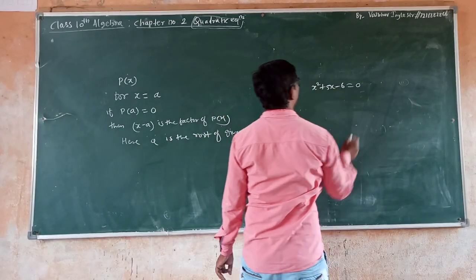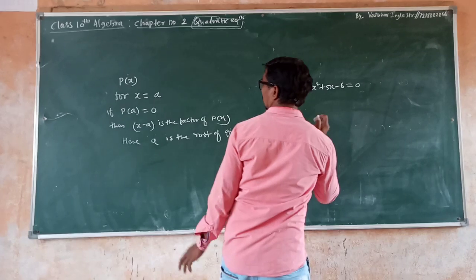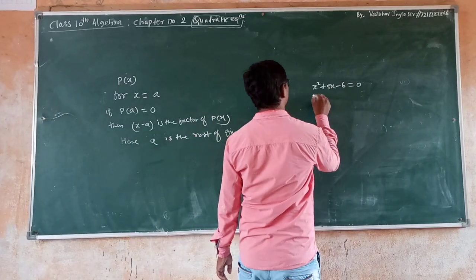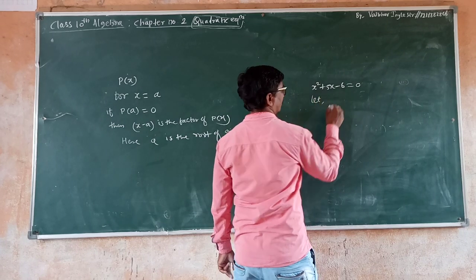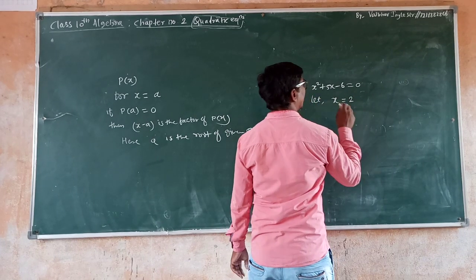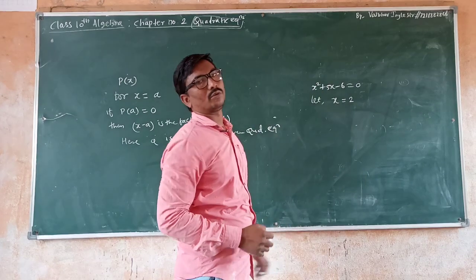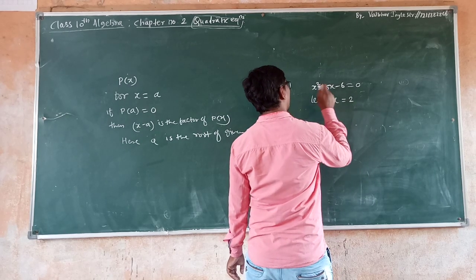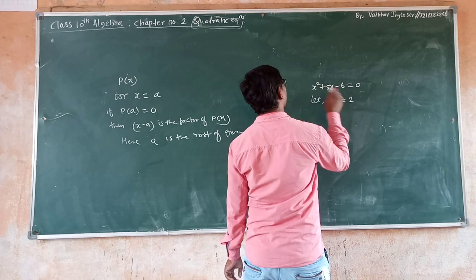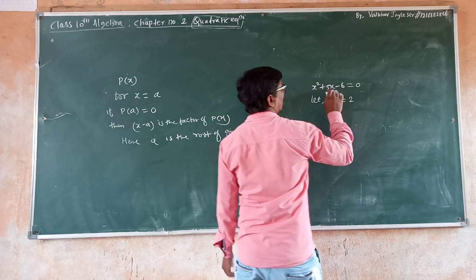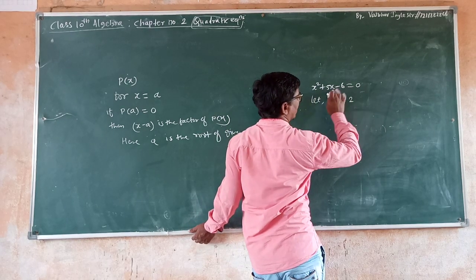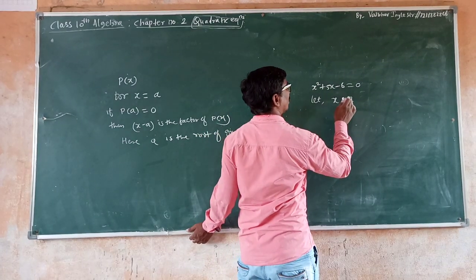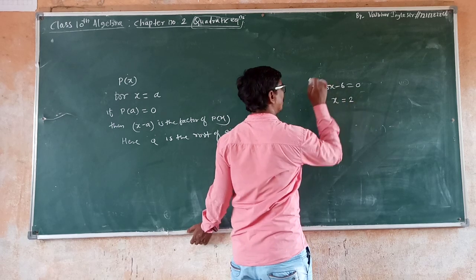Now if you go for the root of the quadratic equation, suppose let us check whether x equals 2 is a root of the quadratic equation or not. So let x equals 2, and put this x equals 2 in the quadratic equation. If the left hand side and right hand side become the same, then x equals 2 is a root of the given quadratic equation.